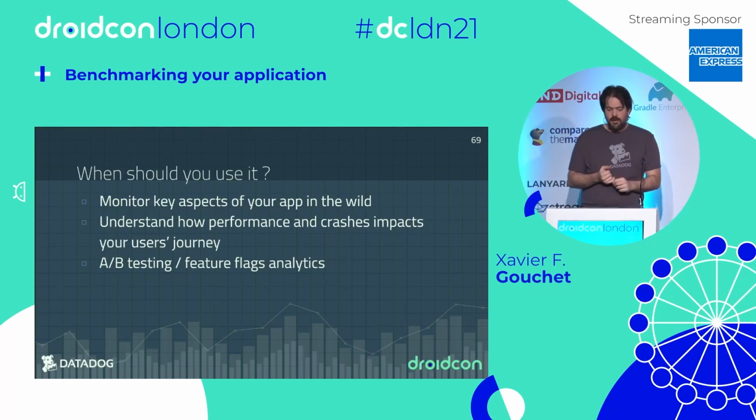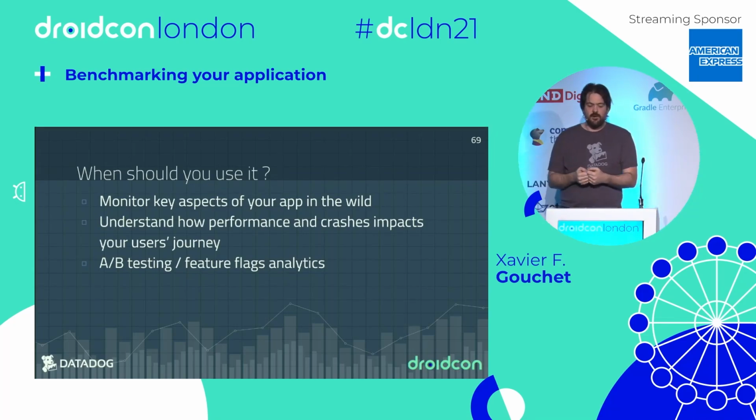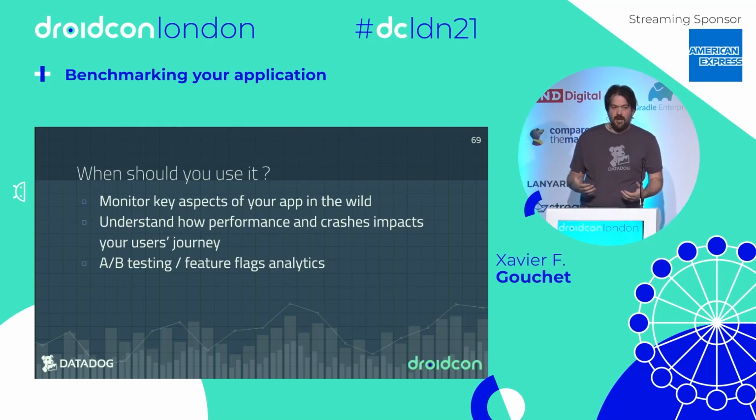If you've seen Antoine's talk yesterday about testing things and experimenting things in production, it's very useful because you can flag each run of your application with an A/B test information or feature flag, and you can then get trends to say, oh, people with this feature or this version of the A/B test have better performance. They're using the app, they're interacting more with the application, rather than this version. Basically you're going to have all your information inside the same tool.